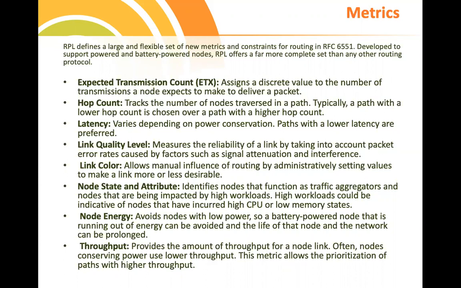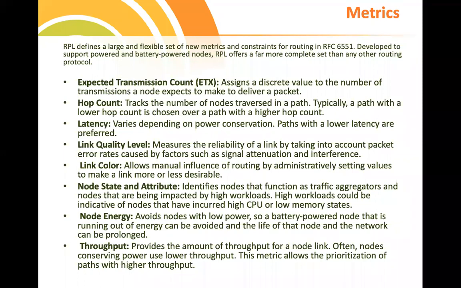Then we have link quality level. With respect to link quality level, it is the reliability of the link that we measure. Reliability means we are supposed to reduce the error rate, without signal attenuation, without anybody's interference in between.